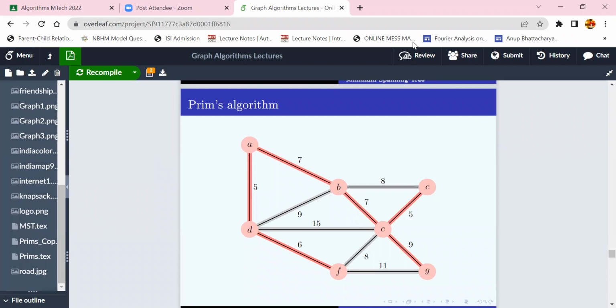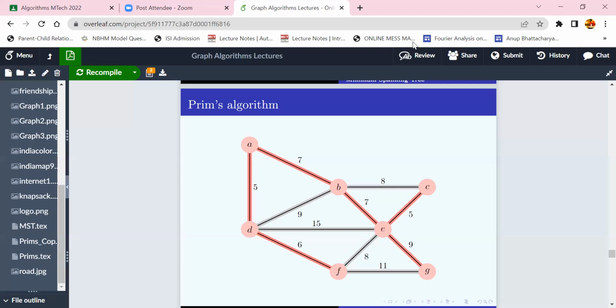And can we have a cycle in the graph that is outputted? It's a tree. Yes, it's a tree, but you have to prove that it is a tree.